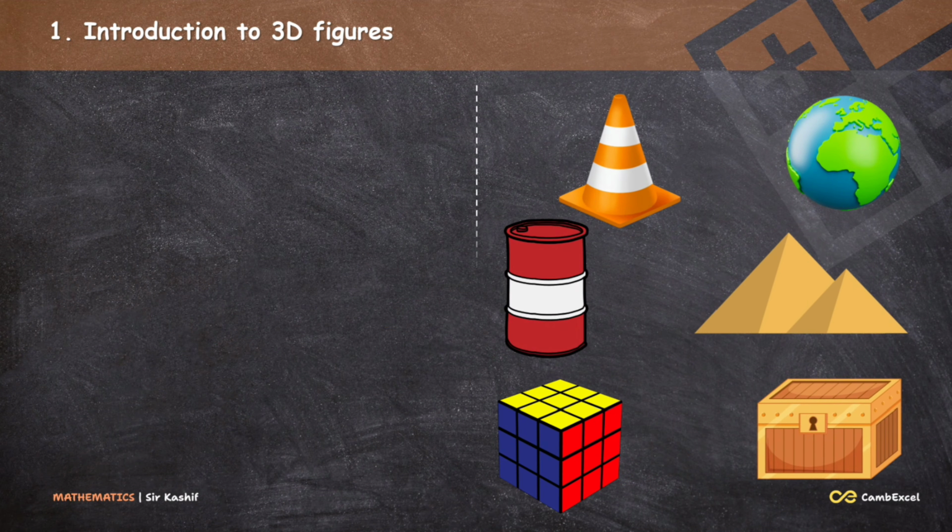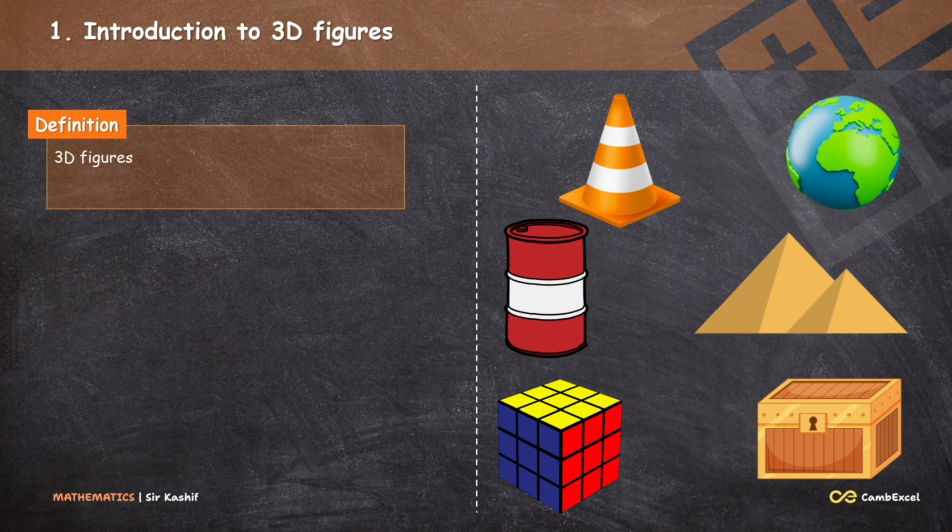Let us go through the definition of a 3D shape. A 3D figure or shape is basically a solid shape with length, width, height, having both volume and surface area.